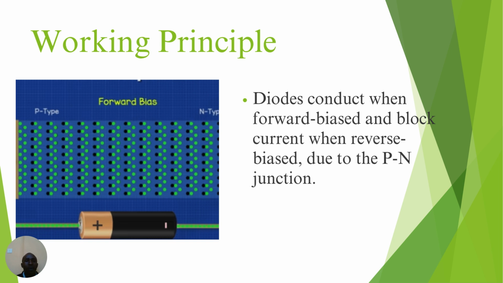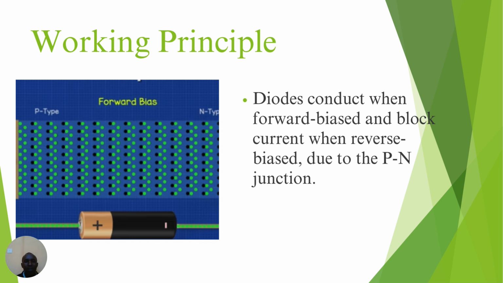So the working principle of a diode. From the definition, we said that diodes conduct current or electricity when forward biased, and block current when reverse biased, due to the PN junction. Later in this lesson, we'll come to know what a PN junction is.